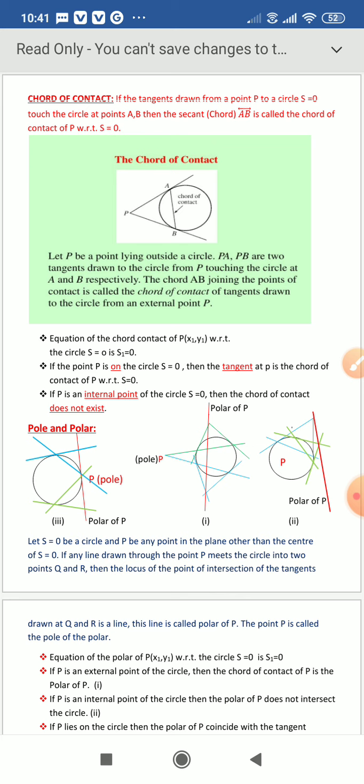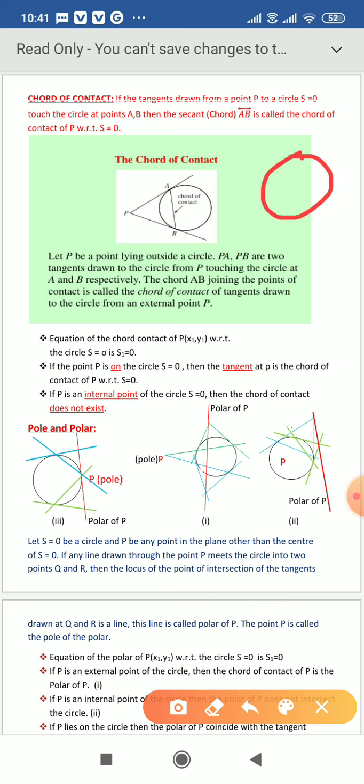So chord of contact is nothing but this: if the tangents drawn from a point P to a circle S equal to 0 touch the circle at points A and B, then the secant AB bar is called the chord of contact of P with respect to S equal to 0. You observe, suppose this is a circle roughly.